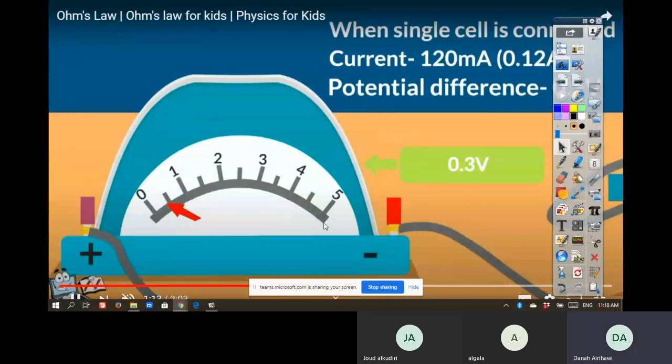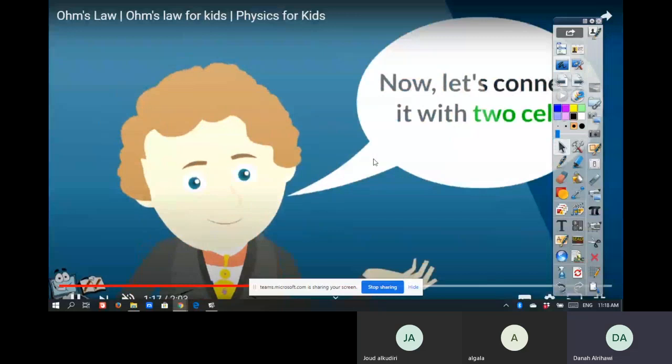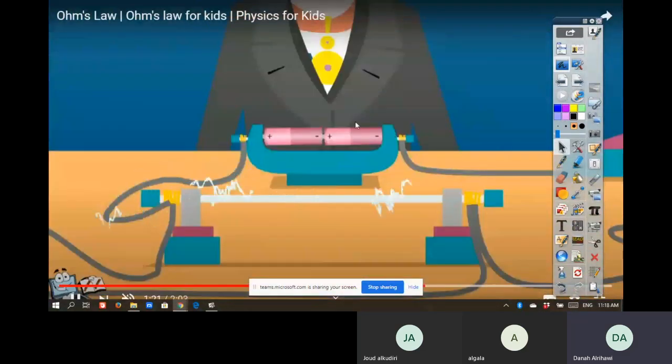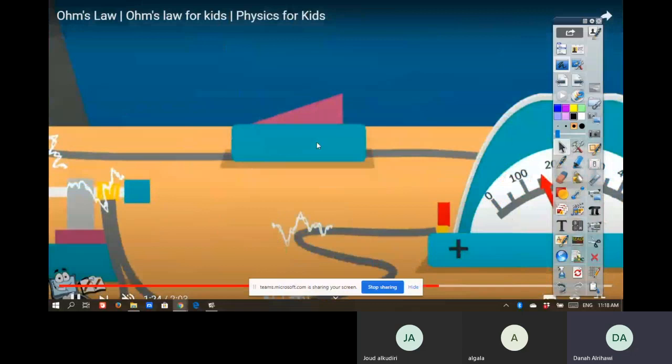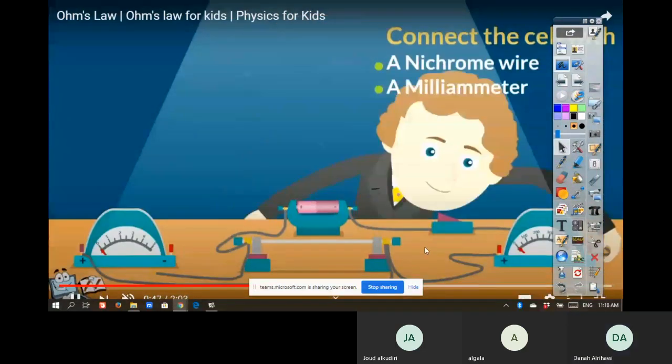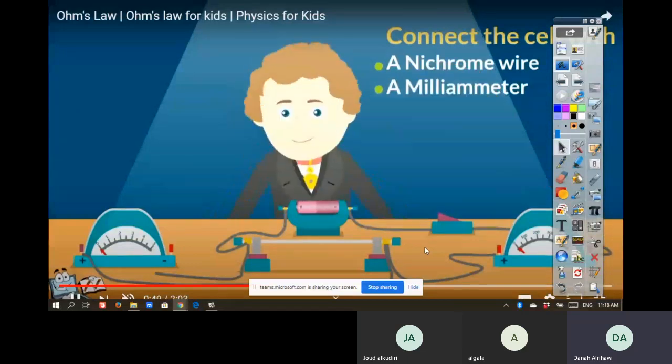Now, to continue, he connected the voltage, and he put batteries. Look what he did. He added one battery and let the current be connected.